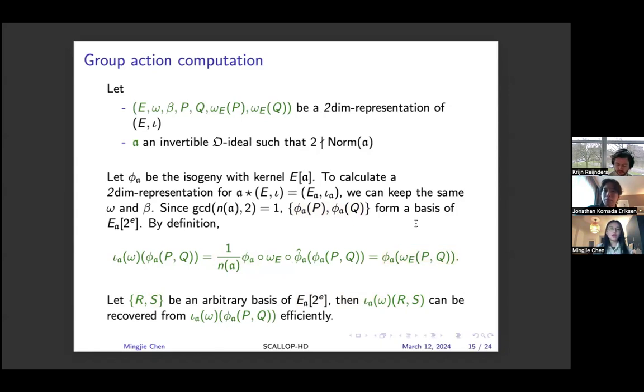Okay, that's how we move from one 2D representation to another one when they are connected by an ideal.